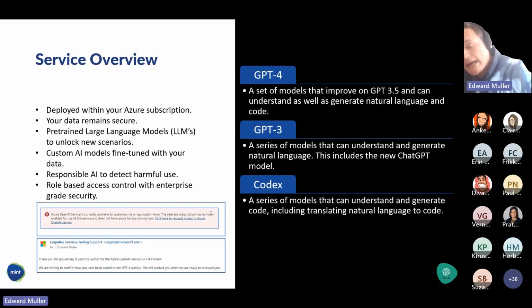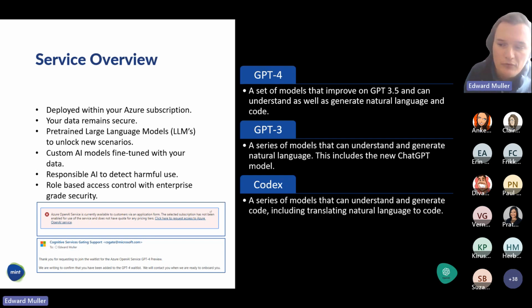So the service overview. If you go to the OpenAI website, you can sign up for ChatGPT and you can sign up for their API, and you can use the OpenAI service directly. The problem with it is that if you are using it for business services or for your customers' data, that information is being sent to OpenAI and you don't really know what's happening to it.